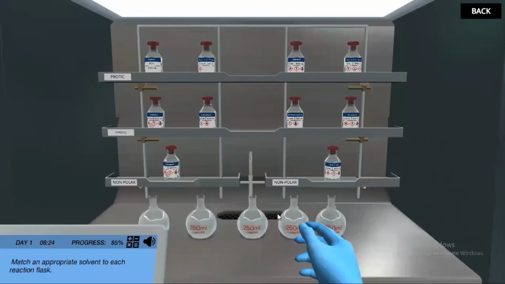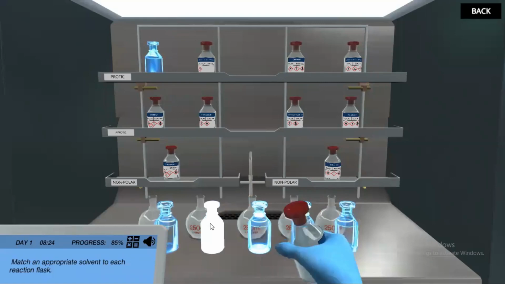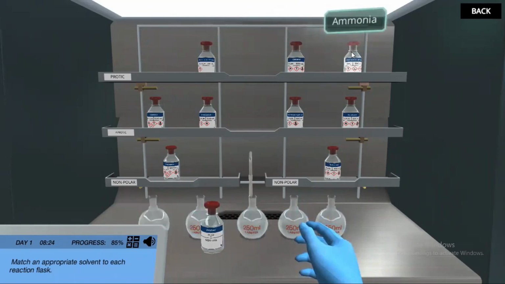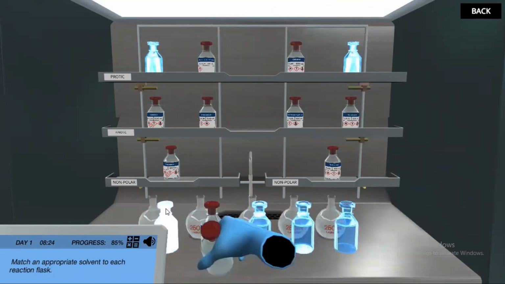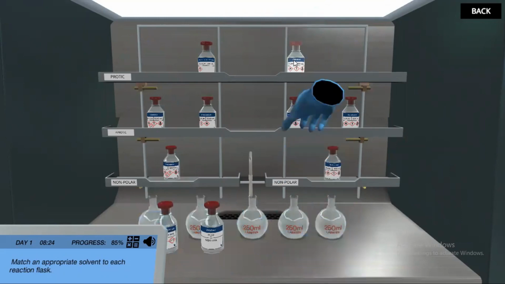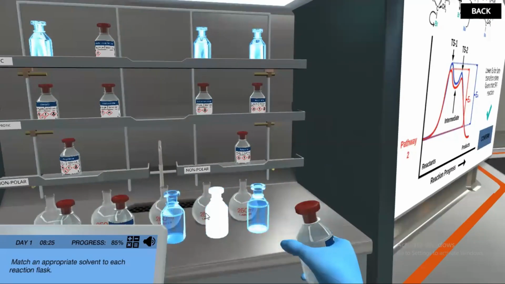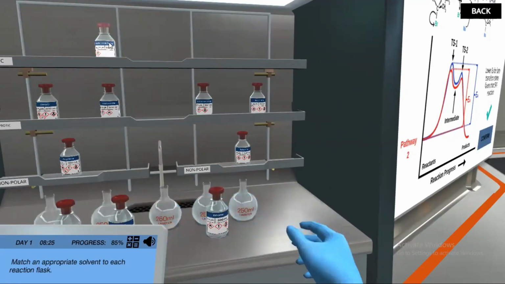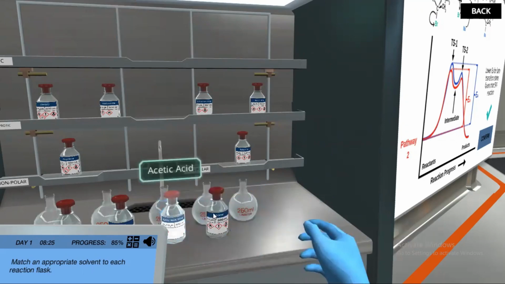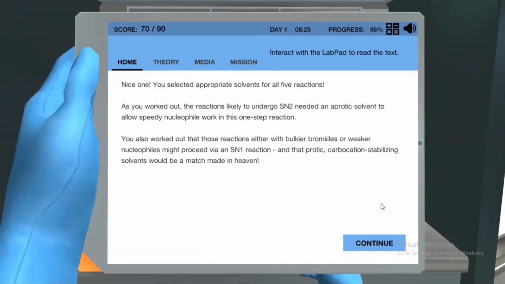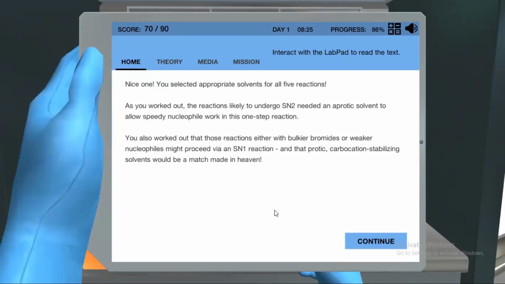Match an appropriate solvent to each reaction flask. Nice one. You selected appropriate solvents for all 5 reactions.